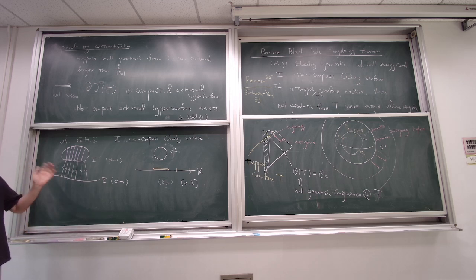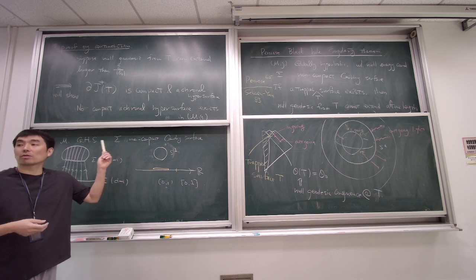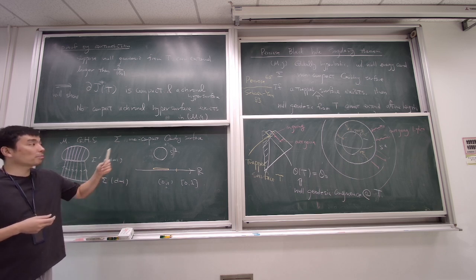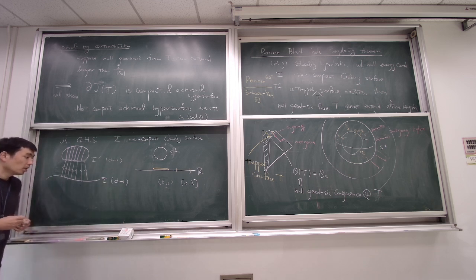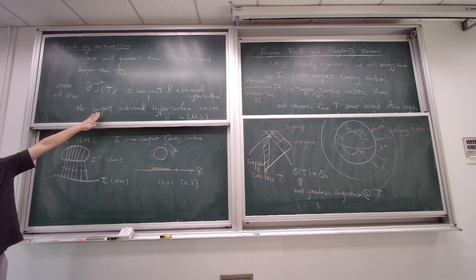Therefore, in a globally hyperbolic spacetime with non-compact Cauchy surface Sigma, there is no compact achronal hypersurface in spacetime. That's the last statement.